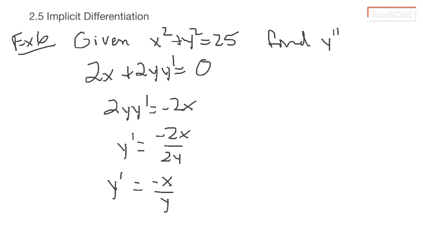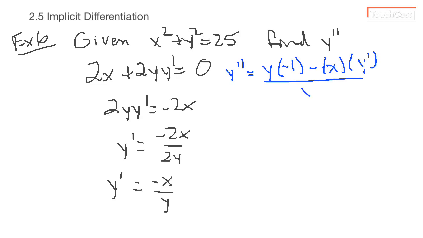We want to find the second derivative, and we have a quotient here, so when we're finding the second derivative, which I'm going to do here in blue, just so we can see them in different colors, we're going to have to take the denominator times the derivative of the numerator, subtract the numerator times the derivative of the denominator, and divide that by the denominator squared.